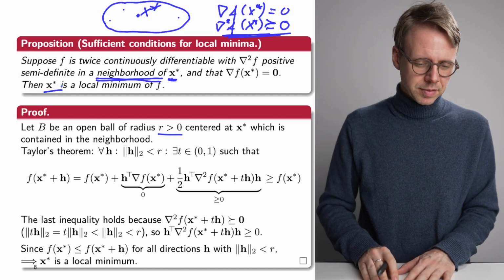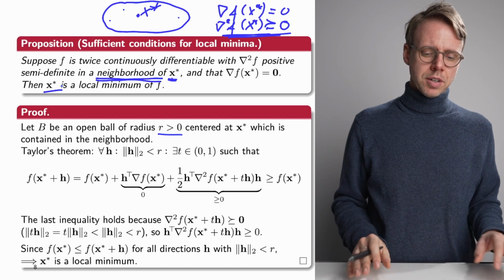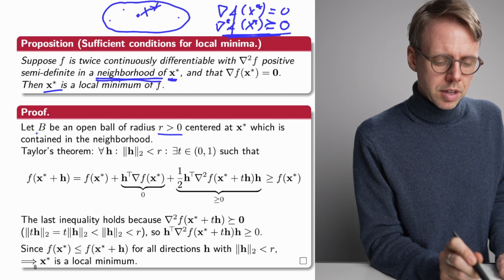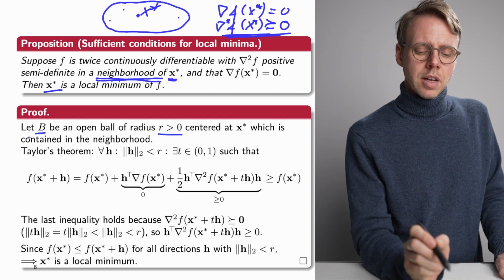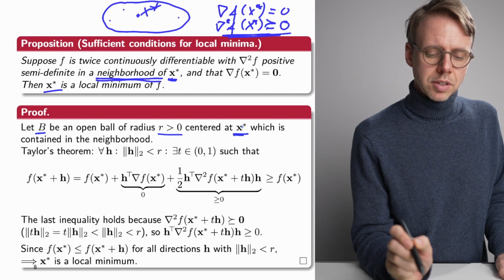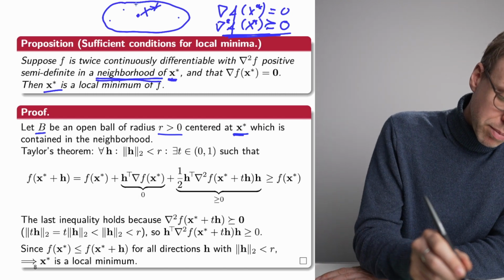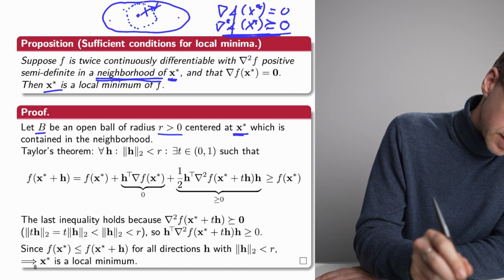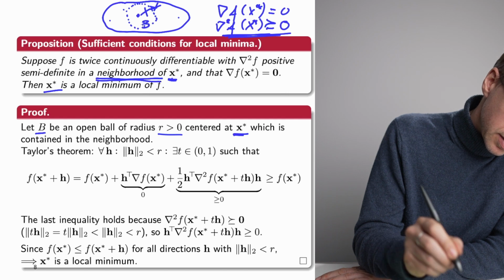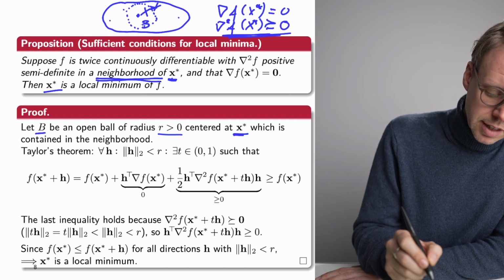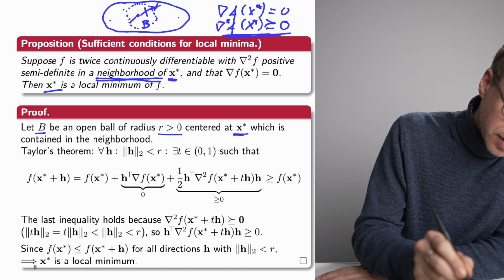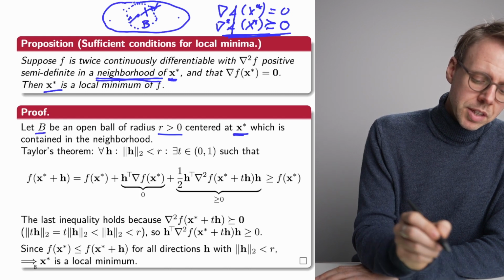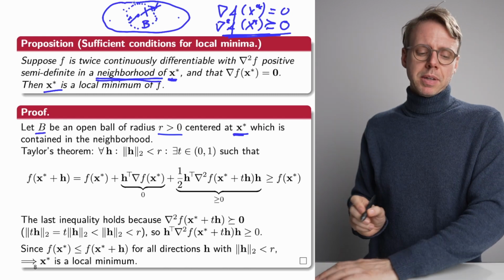So how do we prove this? This time we won't prove by contradiction, but rather start out with a ball around this point x star. So starting out with a ball B that is centered at x star, and it has a radius of r. Now, of course, for any point within this ball, the Hessian needs to be positive semi-definite.